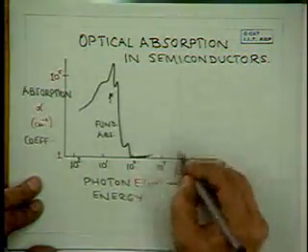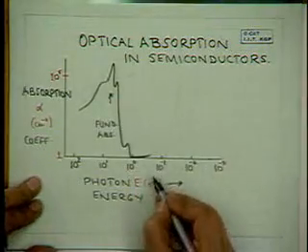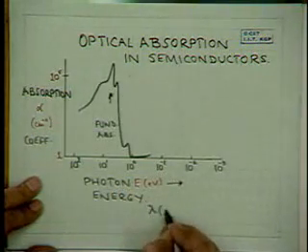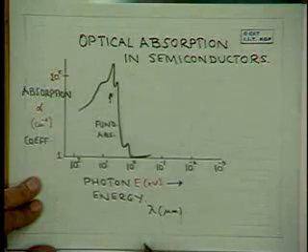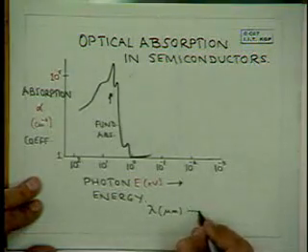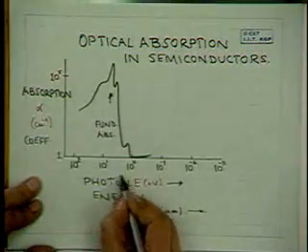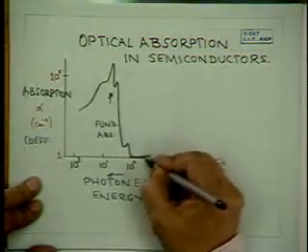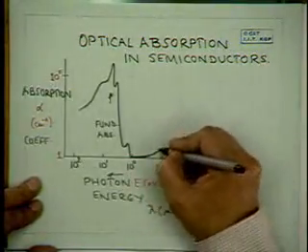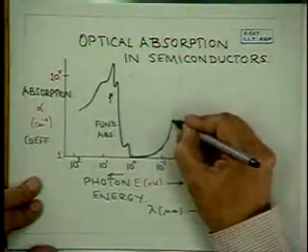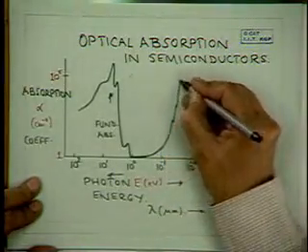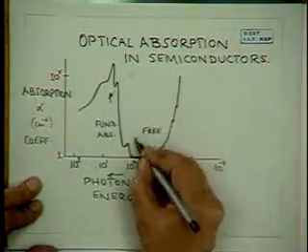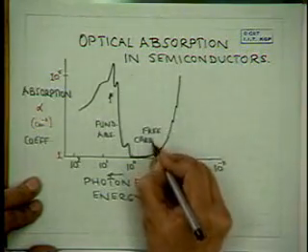Now, as we reduce the energy or increase the wavelength, notice that wavelength in microns increases in this direction. The photon energy increases in this direction. As we go towards the infrared, the absorption increases slowly, which is due to absorption by free carriers.